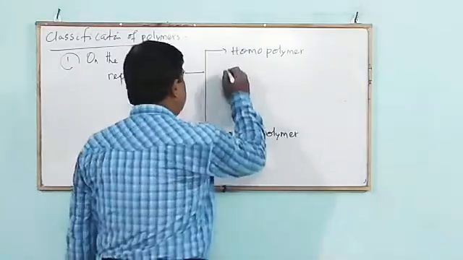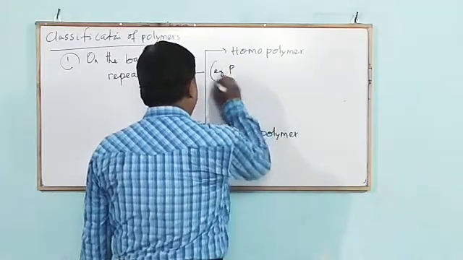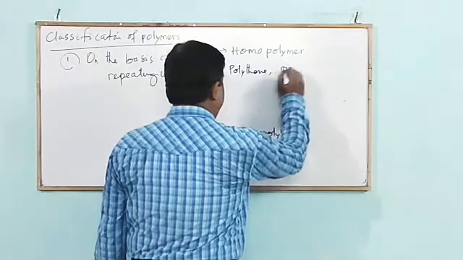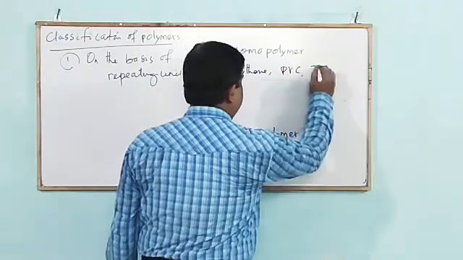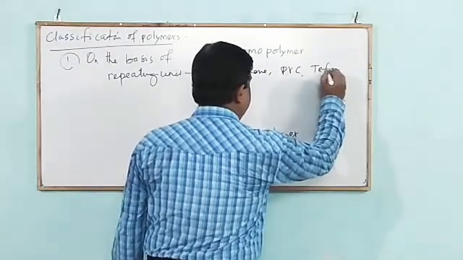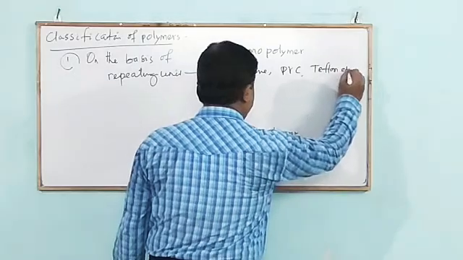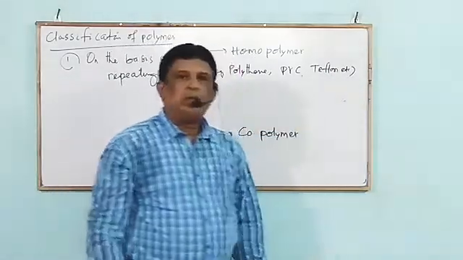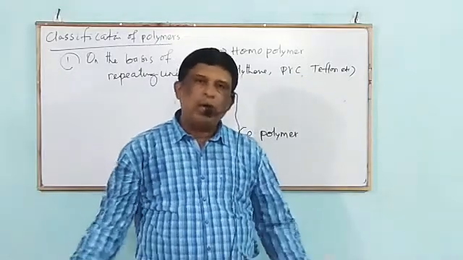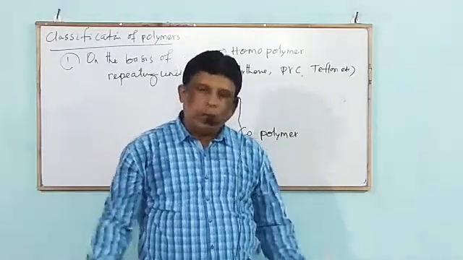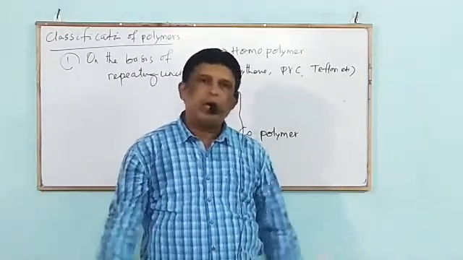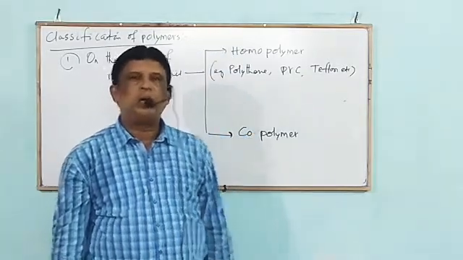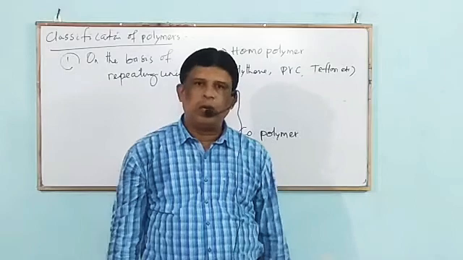That means examples: polythene, polyvinyl chloride, Teflon, etc. On the other hand, when more than two different monomers with different functional groups join together to form a polymer, it is known as copolymer.